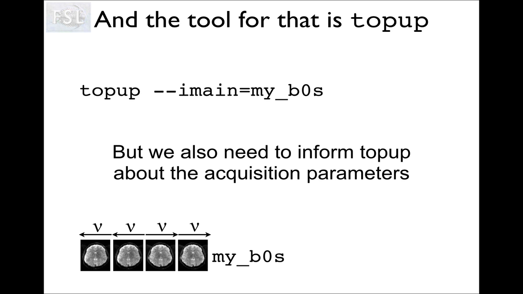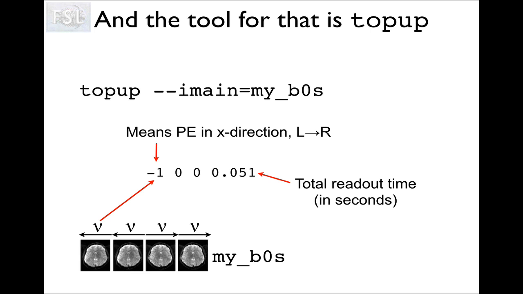Then we need to inform topup about the acquisition parameters. So remember, when we looked at topup, in order to do the calculations there, we needed to know exactly how each and every one of the images in topup had been acquired. So for each and every volume, we need to tell it in which direction the phase encode direction is. So this is this 3-element initial vector here. The fact that you have a 1 in the first column means that phase encoding is in the x direction.